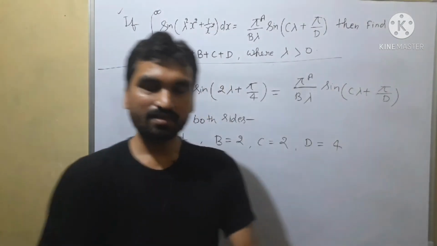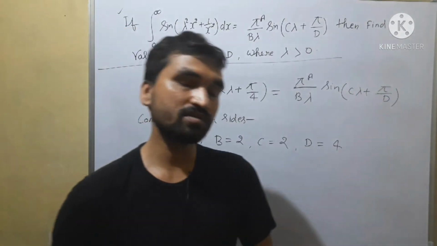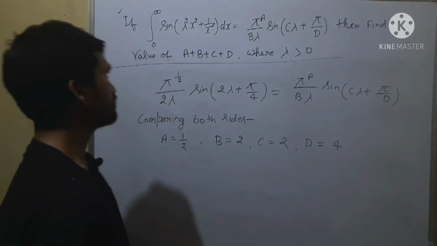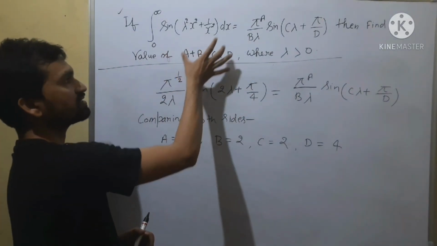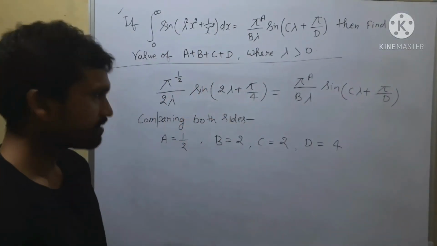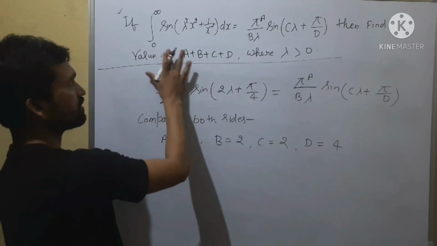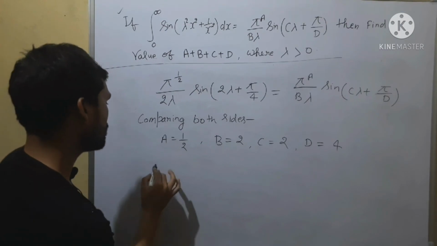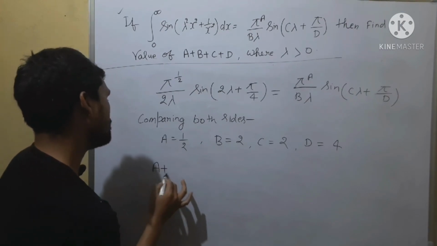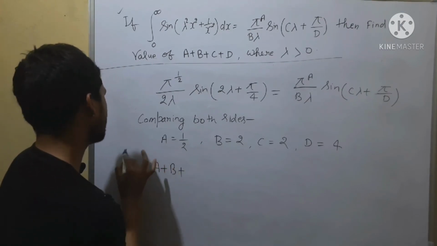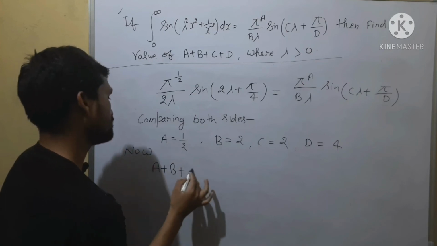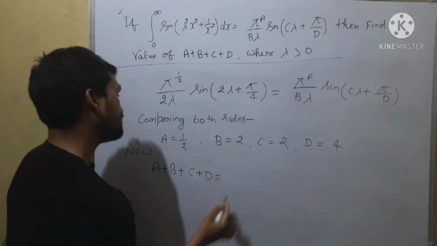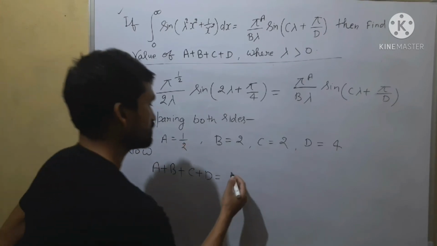now we have found the individual values of a, b, c and d, but our final aim is to find the value of a plus b plus c plus d. Okay, now a plus b plus c plus d will be what? Add these values.